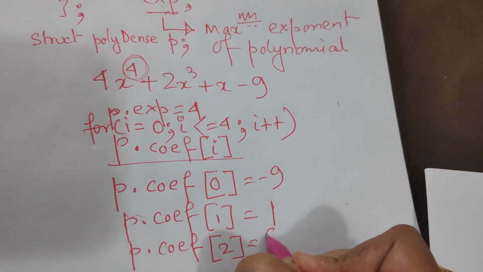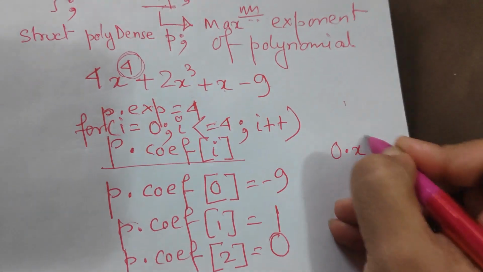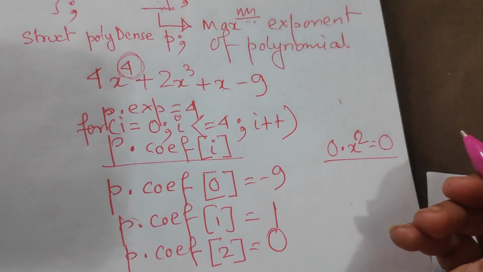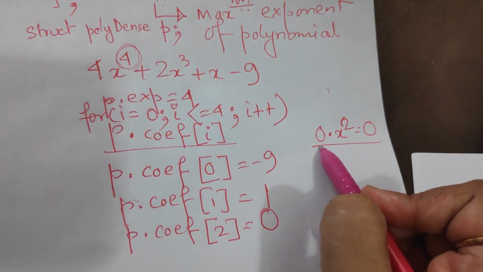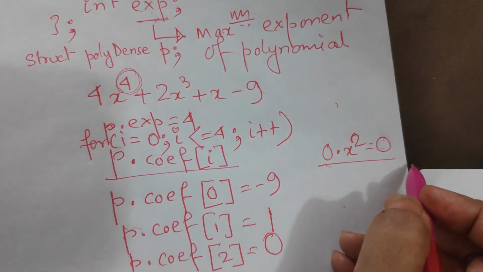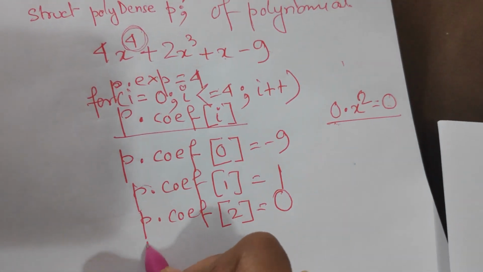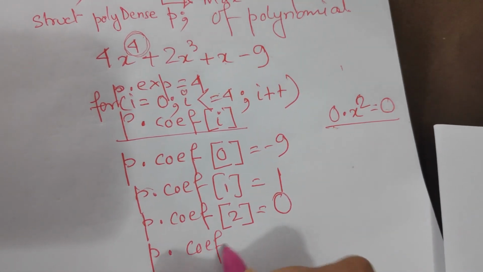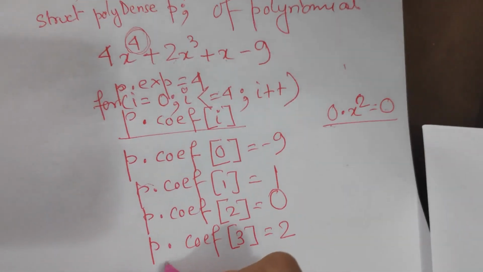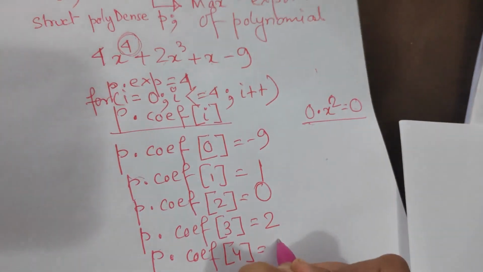We will simply put that as 0, because 0 into x to the power 2 is obviously a value of 0, right? So putting a coefficient 0 will give me a 0 term which will not make any change to my polynomial. It will keep my polynomial as it is. P dot coef3 will be stored as 2 over here, and P dot coef4 will be stored as 4.